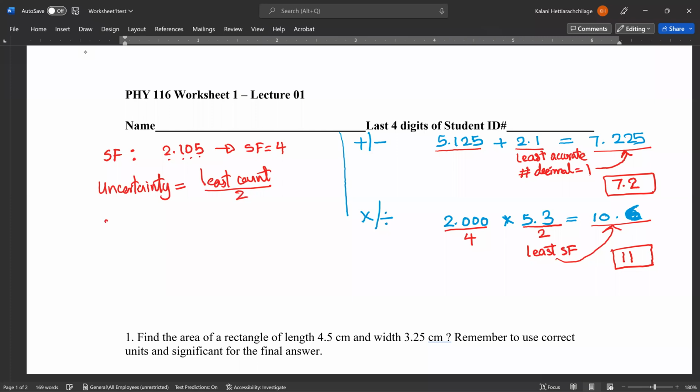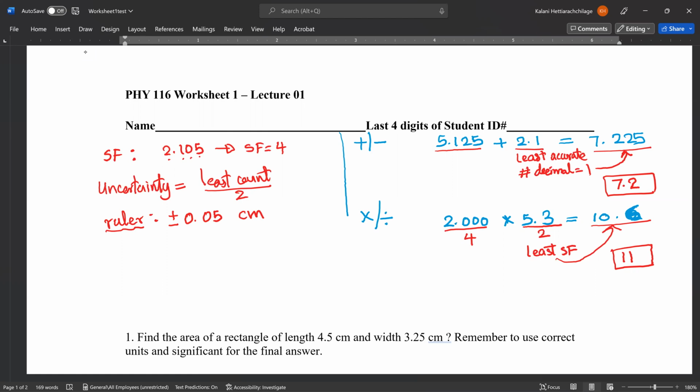Especially we moved into the ruler, and you're also going to learn about the vernier caliper and micrometer in the laboratory. For the ruler, the least count was 0.1 centimeter divided by 2. That means the uncertainty is 0.05 centimeter. That can be positive or negative, meaning the upper and lower bounds of your reading.